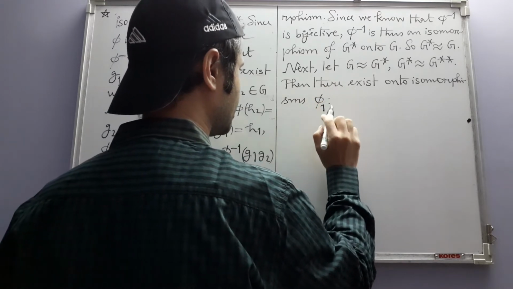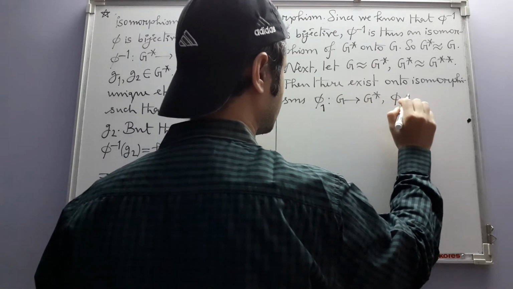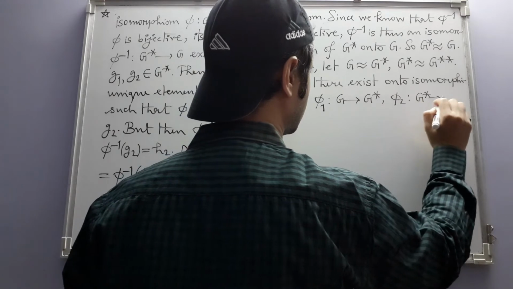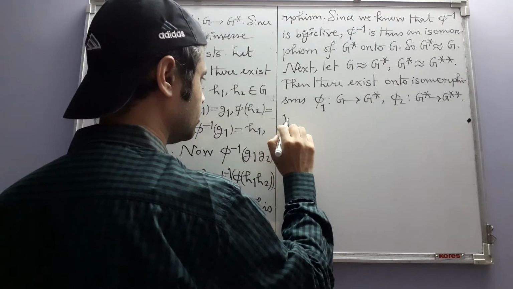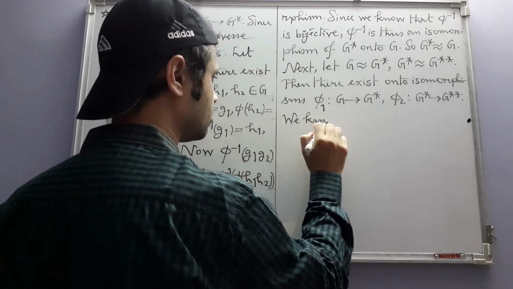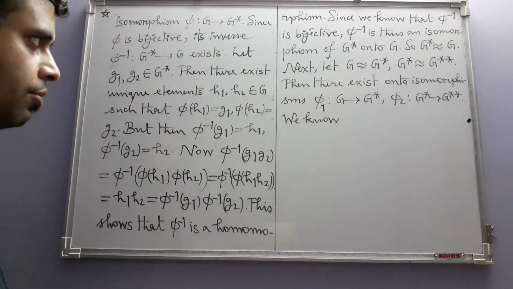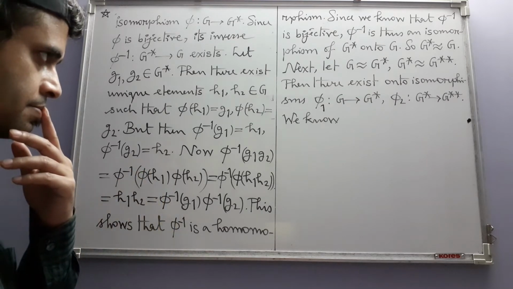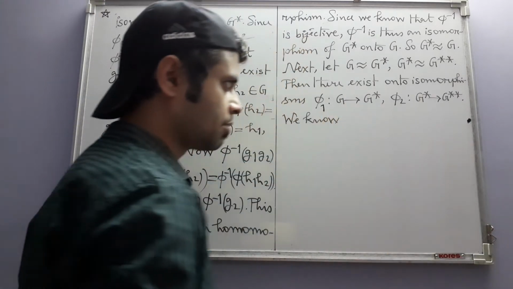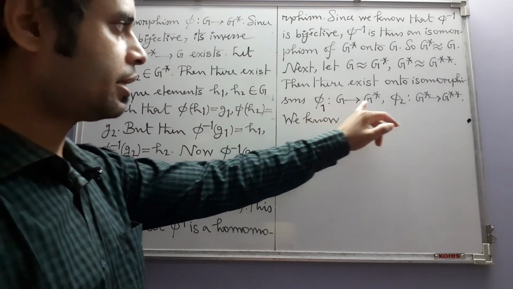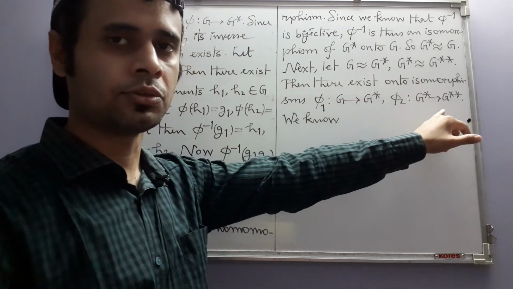So let's name them phi 1 from G to G star and phi 2 from G star to G double star. Of course you can almost guess what we are going to do. We will take the composition of phi 1 and phi 2. That will give us a mapping from G to G double star.